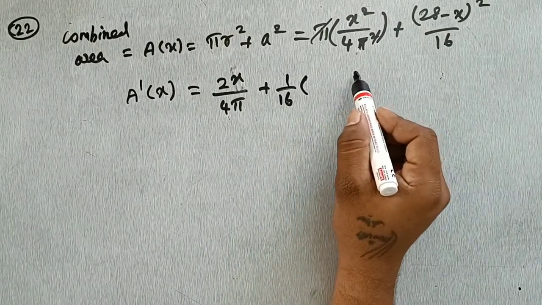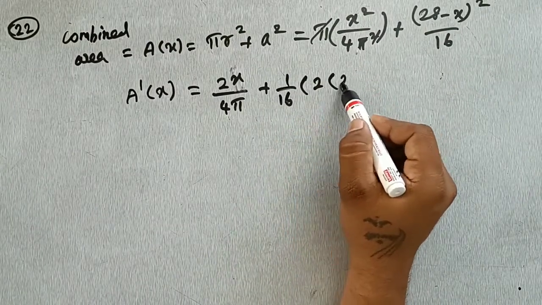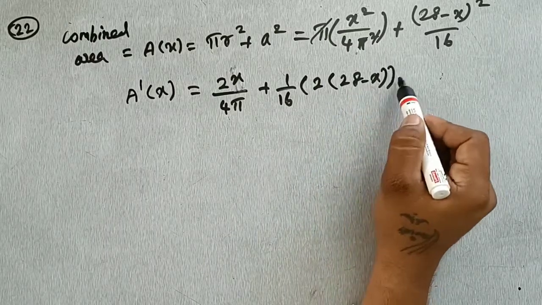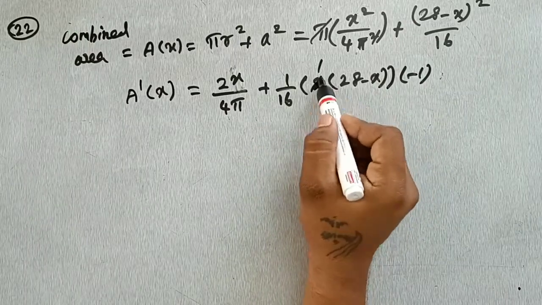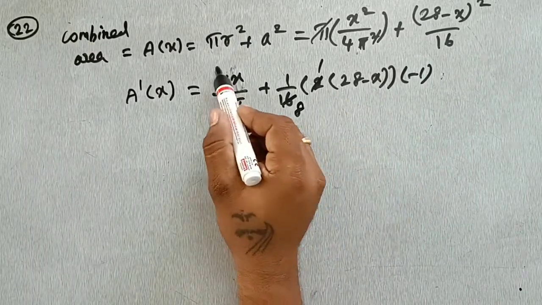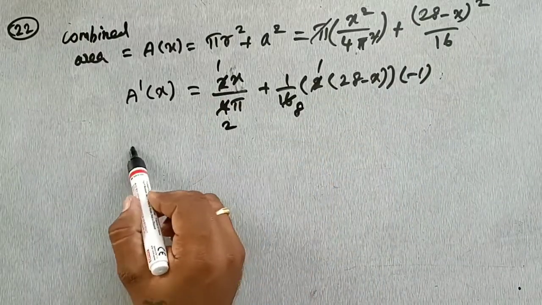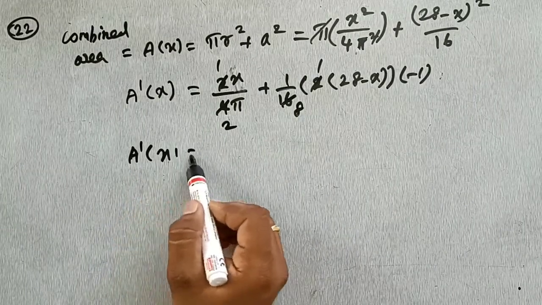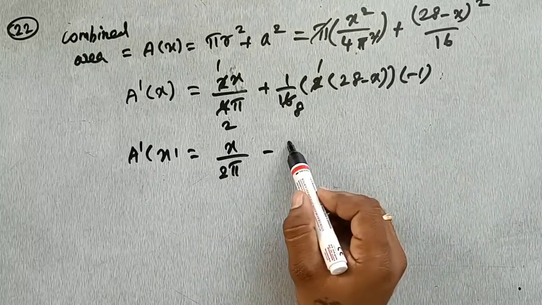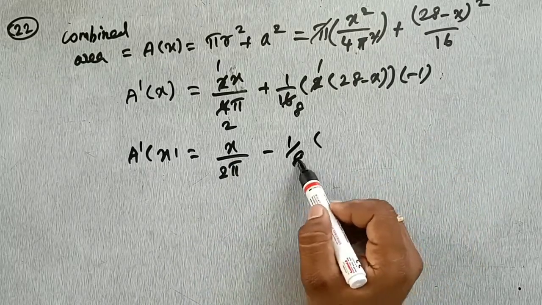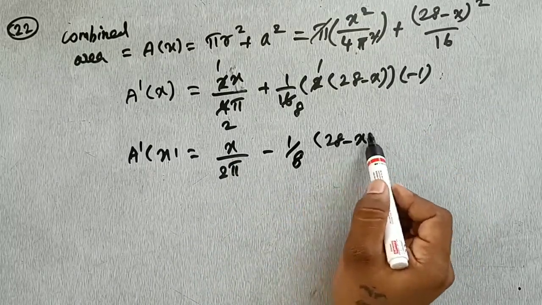Differentiation of 28 minus x whole square equal to 2 times 28 minus x into minus 1. So this is the first derivative. You can simplify here, it will come as 8. Here also you can simplify, it will be 2. So A dash of x will be x divided by 2 pi minus 1 by 8 into 28 minus x.